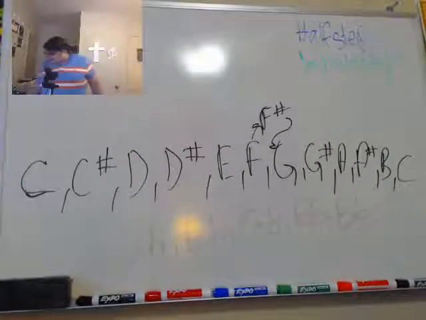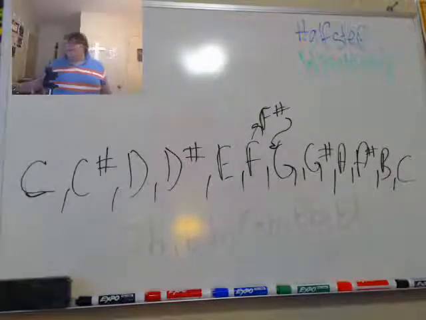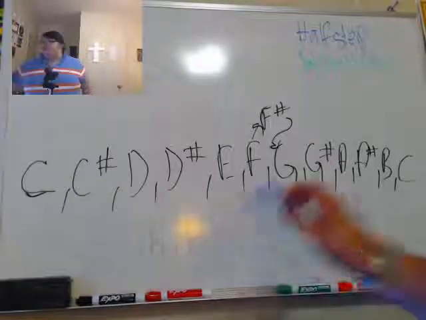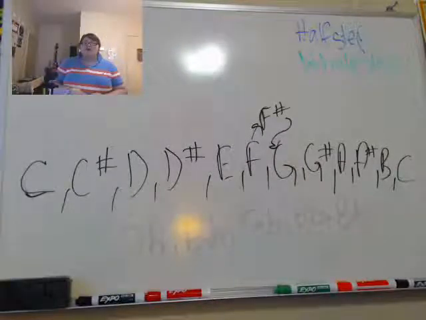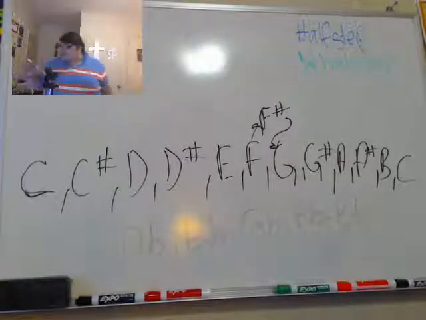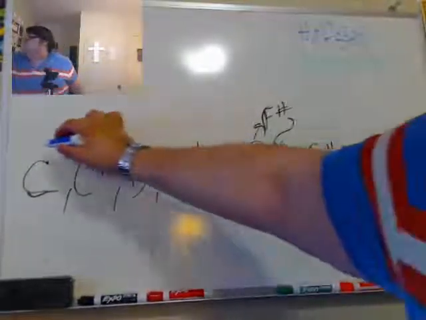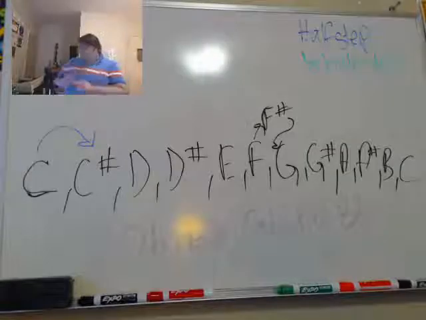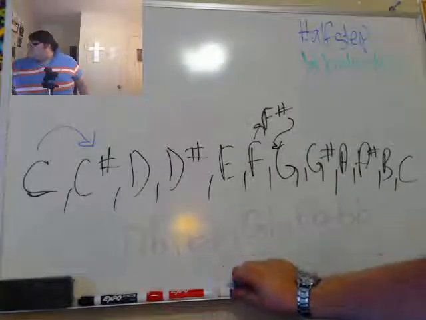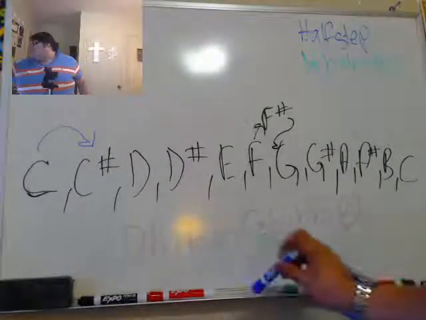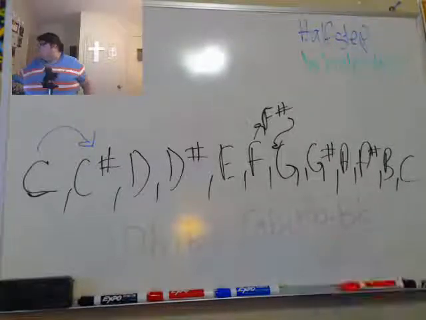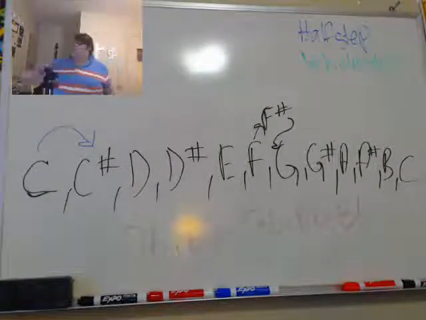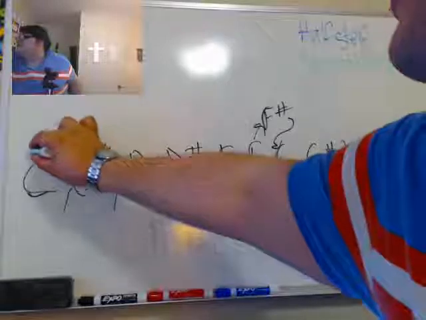So I'm going to draw two arrows. One arrow is going to be in blue, and the next arrow is going to be in green. So watch what I'm doing here. Wrong direction. So I have this.